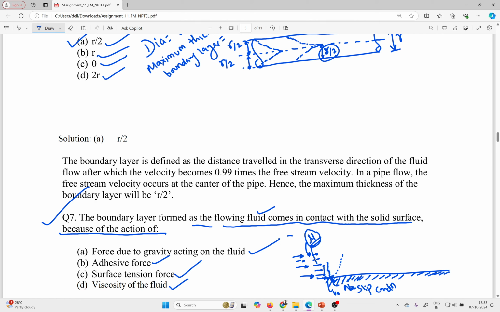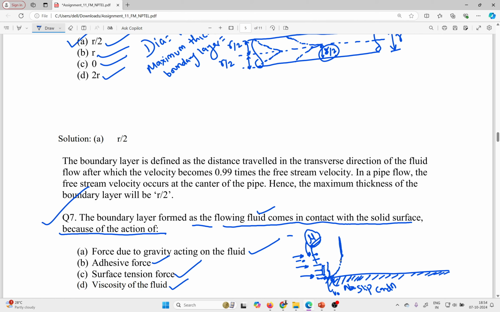Remember please, if viscosity is not there, no slip condition is valid only here. If viscosity is there, then your effect of wall roughness will be propagated in the upward direction. Because of the effect of no slip and the effect of viscosity, your boundary layer will be formed. After that, the effect of the wall will reduce, and then your flow will be like that.